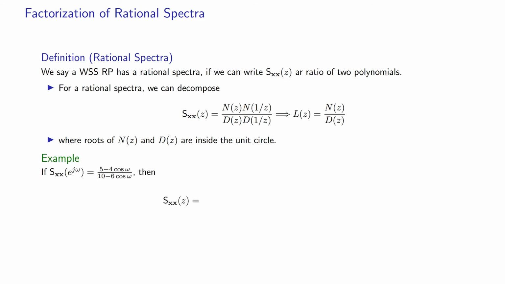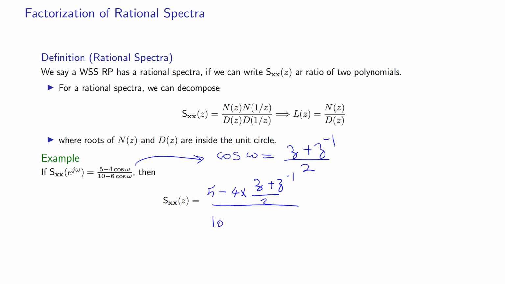For example, if I have this function, the first thing I do is take cosine of omega equal to (z + z^-1)/2. So what I get is that S_x(z) becomes (5 - 4(z + z^-1)/2) divided by (10 - 6(z + z^-1)/2).